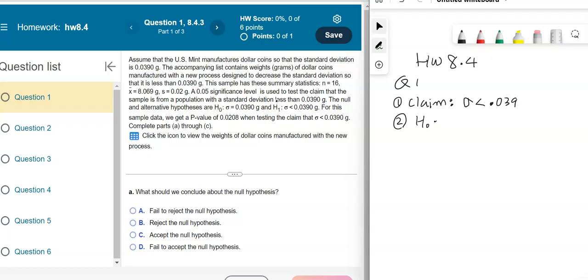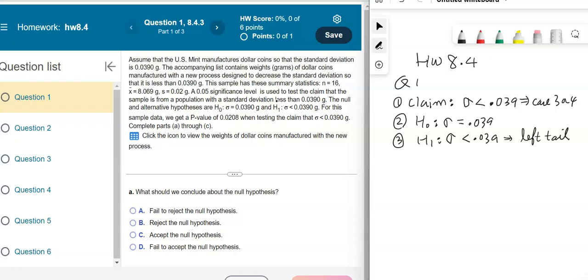So the null hypothesis is sigma equal to 0.039, and the alternative hypothesis is sigma less than 0.039. So this is a left tail test. And this is case 3 or 4, okay, left tail test.